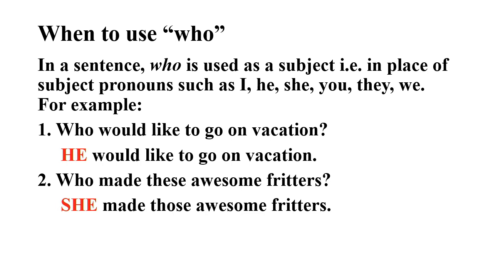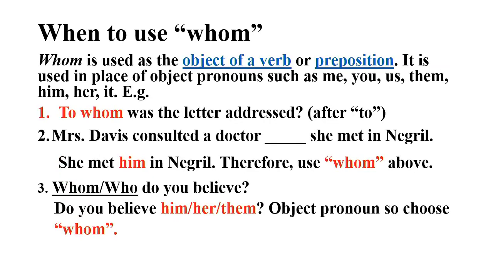So if you ever have a question in your head, you're going to think carefully. Could I put a subject pronoun here? If you can, then you're going to use who. When to use whom? Whom is the object of a verb or a preposition. It is used in place of object pronouns, and we talked about them already on the chart.